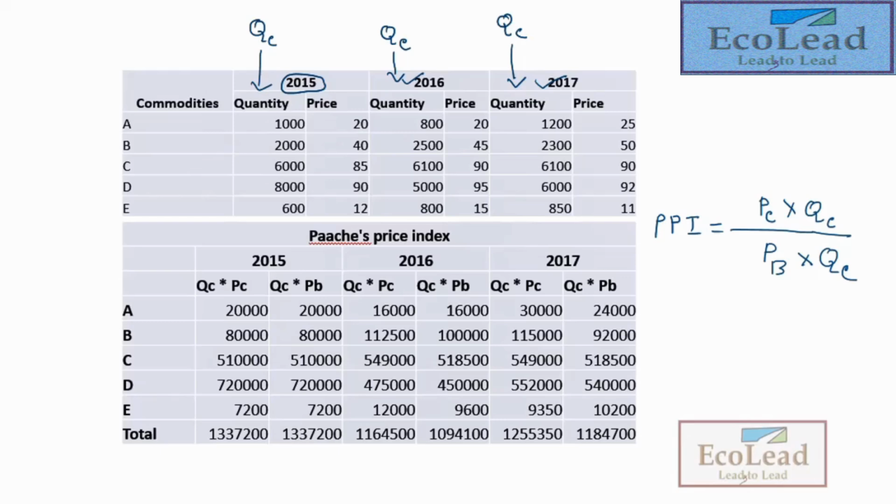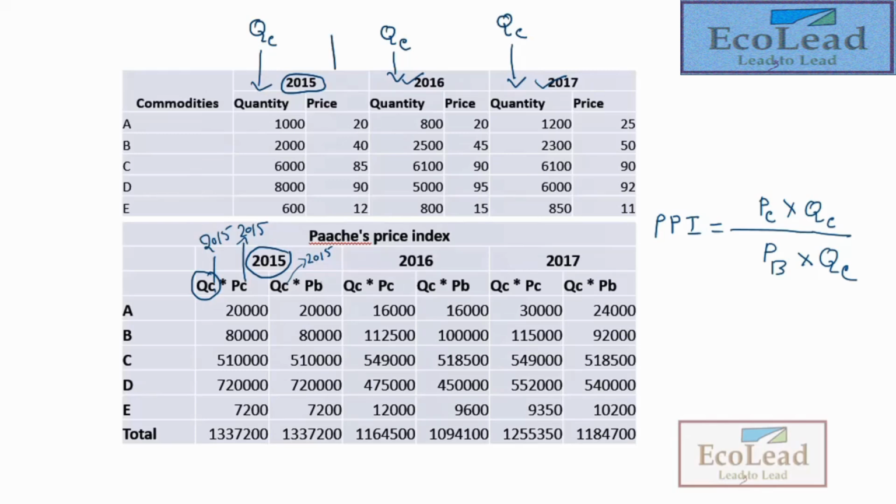So when we are calculating the 2015 purchase price index, we will consider the quantity Q, that is 2015's Q, and the price is also for 2015. For the denominator, we have considered the quantity, which is 2015, as well as the price for the base year.